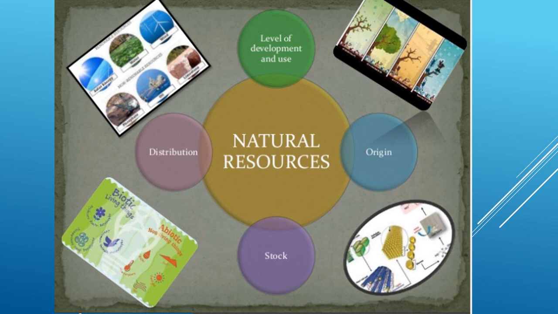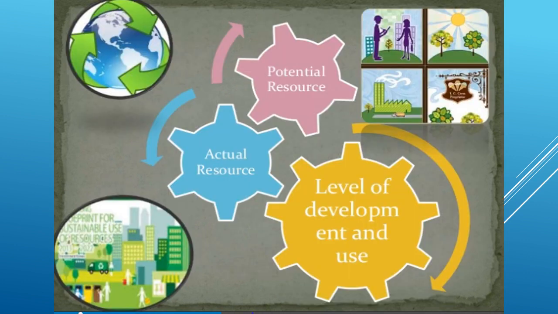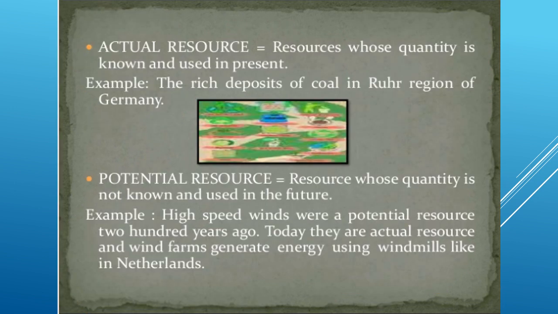On the basis of distribution, we have localized and ubiquitous resources. In the first category, we'll talk about level of development and use. On the basis of level of development and use, resources are classified into potential resources and actual resources.